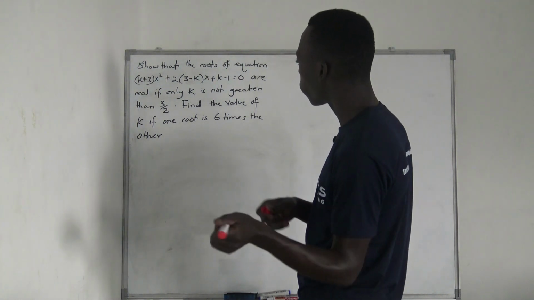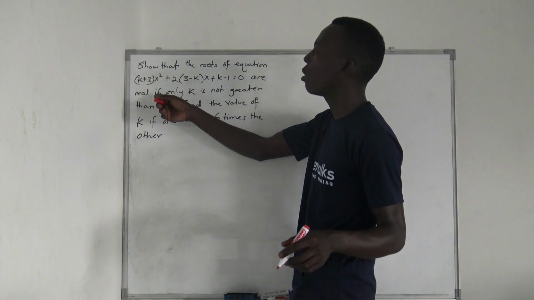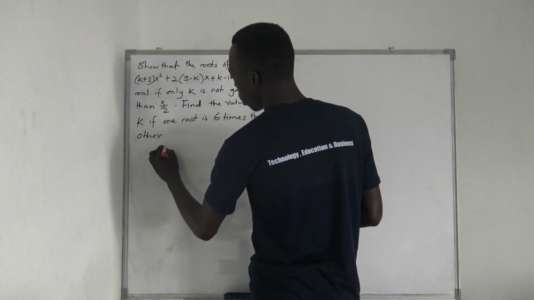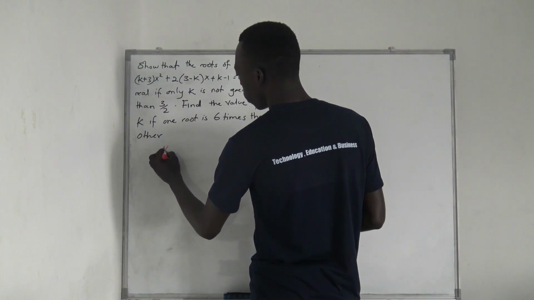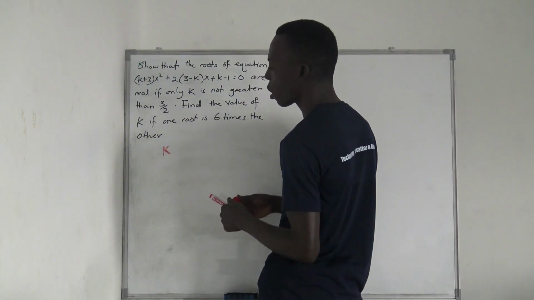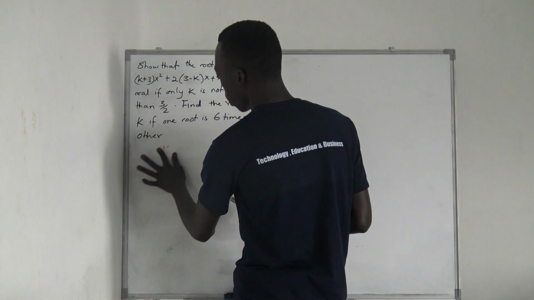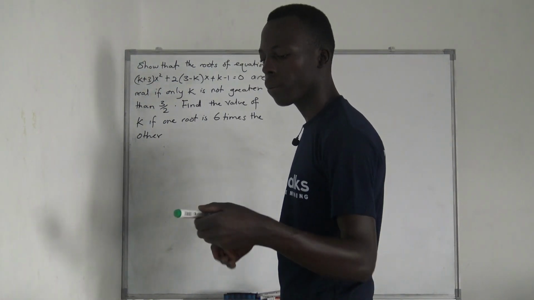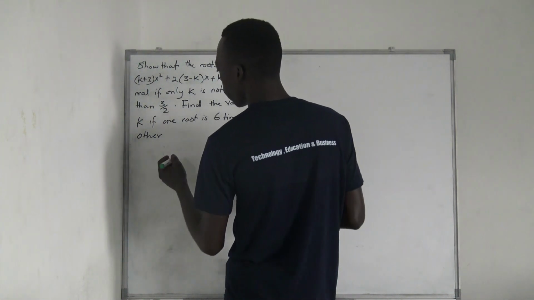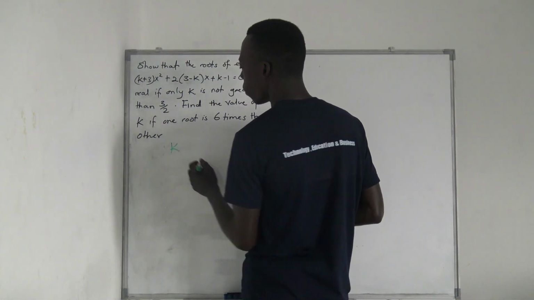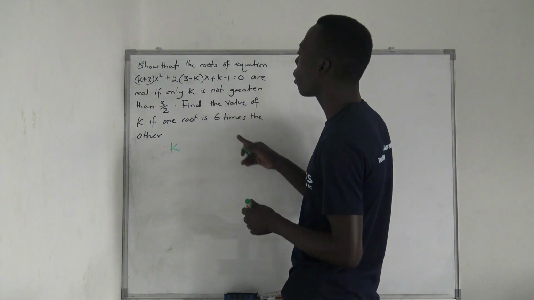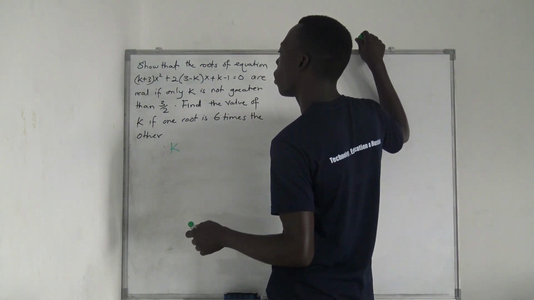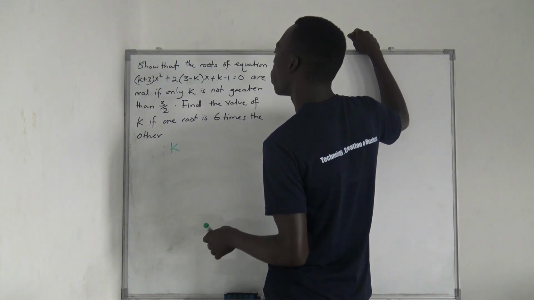So what we do from this statement: if and only if k is not greater than 3 over 2, that means it is less than or equal.